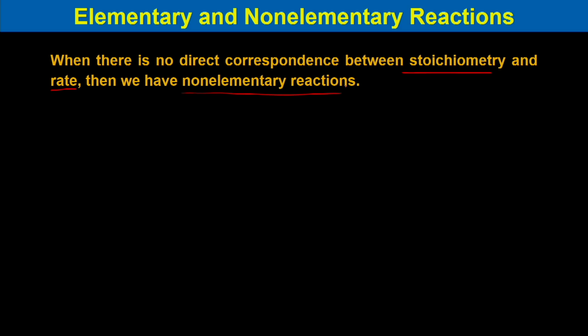One such example is the production of HBr from the reaction between hydrogen and bromine.